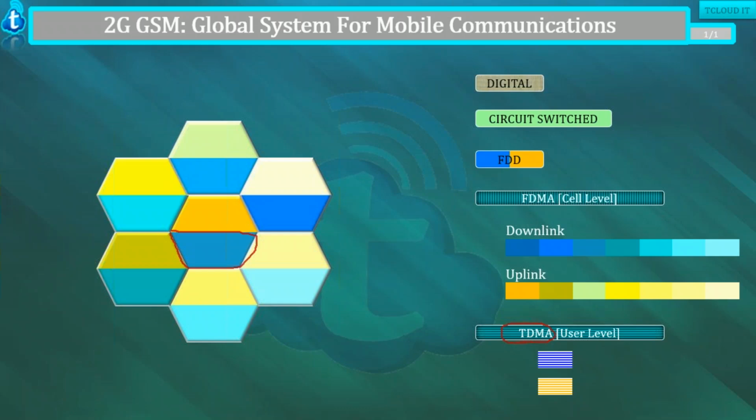For example, every 50 milliseconds once, you get your resource for, let us just blindly take it, 5 milliseconds. For the next 45 milliseconds, you won't get the resource. You don't have your frequency allocated for you. It is allocated to some other mobile phones, to somebody else.